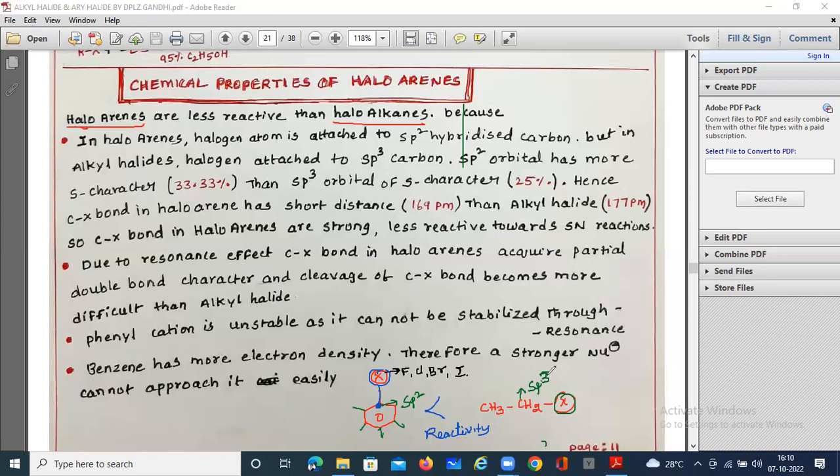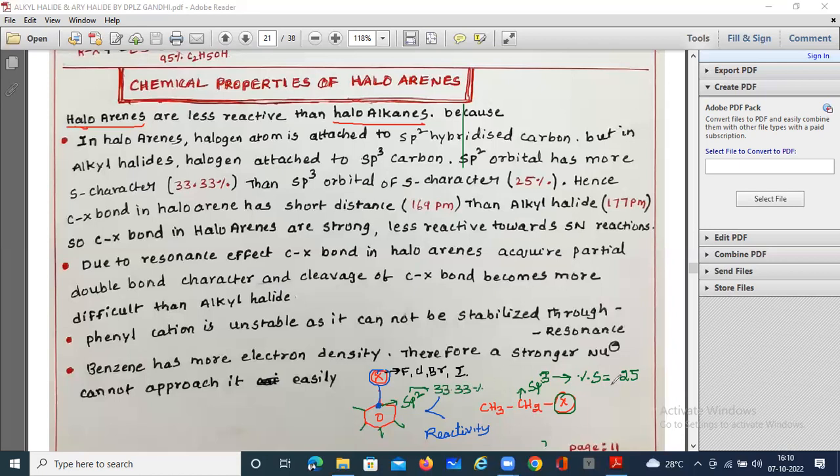Now come to the point. According to the percentage of s character, in sp3 the s orbital is only 25%, but in sp2 the percentage of s character is 33.33%.